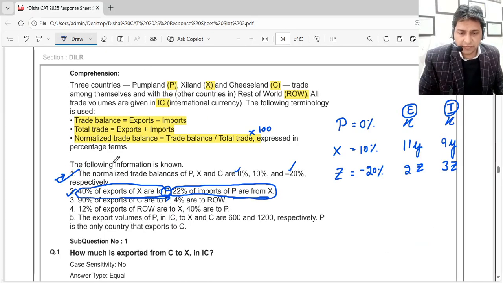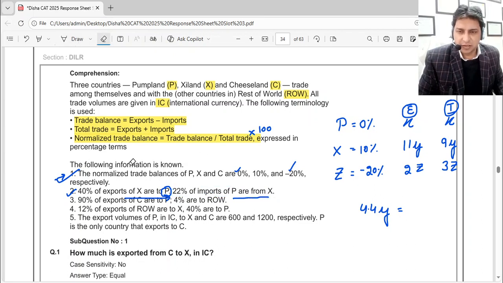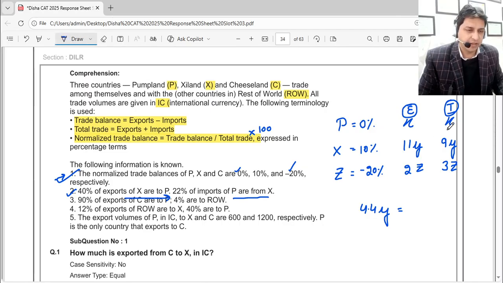So 40% of exports of X: exports are 11y, and 11y multiplied by 40 by 100 is 11 into 4, 44 by 10, that is 4.4y. That is equal to 22% of imports of P from X. Imports of P is x, so 22% of that is 0.22x, 22 by 100 multiplied by x.